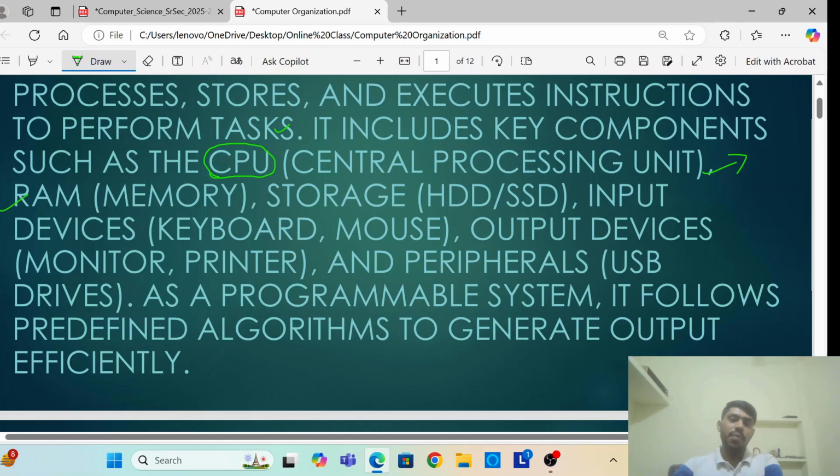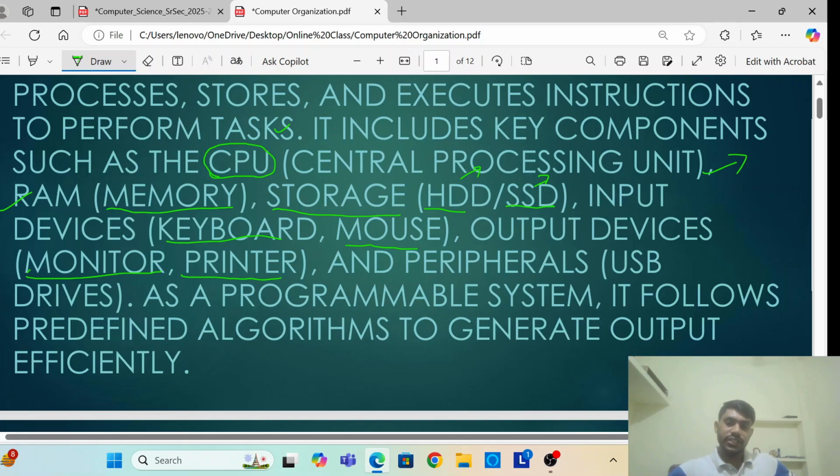Then next is RAM, random access memory. It is a kind of memory. Then storage, hard disk drive or SSD, solid state drive. Input devices, keyboard and mouse, are called input devices. Output devices, monitor and printer, are called output devices.